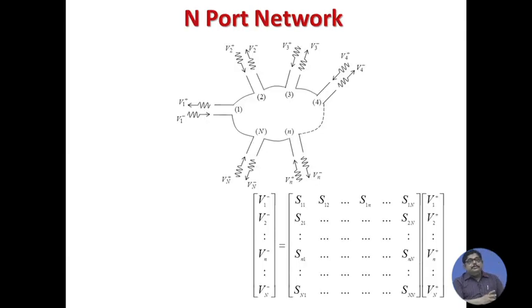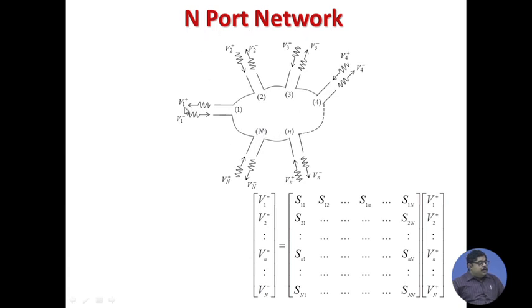So, let us see, suppose we have a general N port network. You see port number 1, 2, 3, 4, small nth port, capital Nth port. So, we are calling that it has a total of capital N number of ports, this is the last port. That is why it is an N port network.